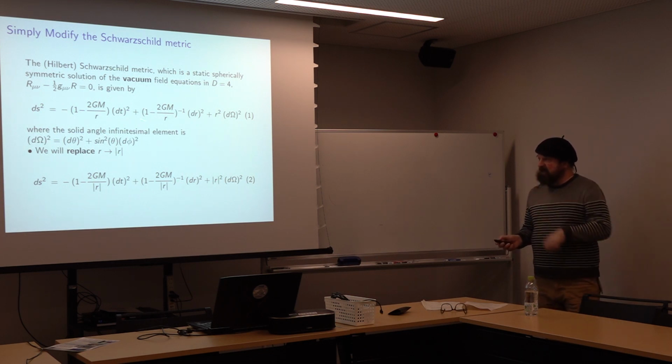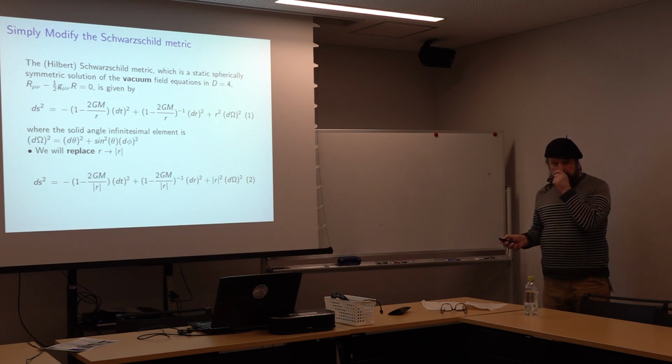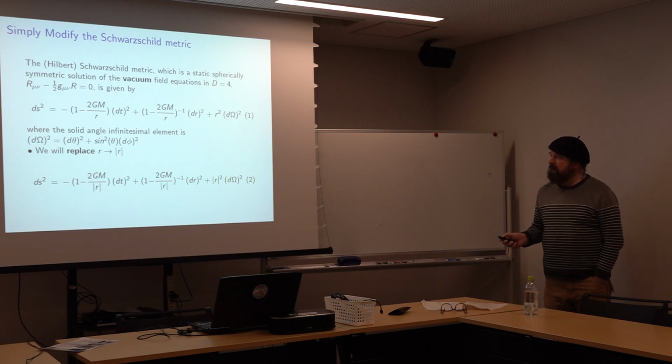So here, this is the time component of the metric. This is the radial component of the metric. And this is the angular contribution of the metric. Here on the right, this d omega is just the solid angle infinitesimal line element. The solid angle is when you work with spherical coordinates, when you are working in 4 space-time dimensions.